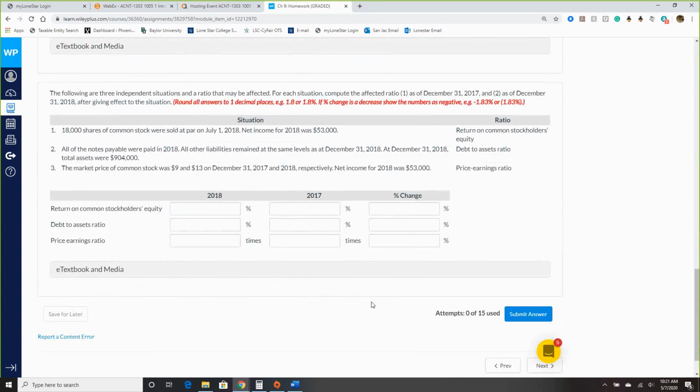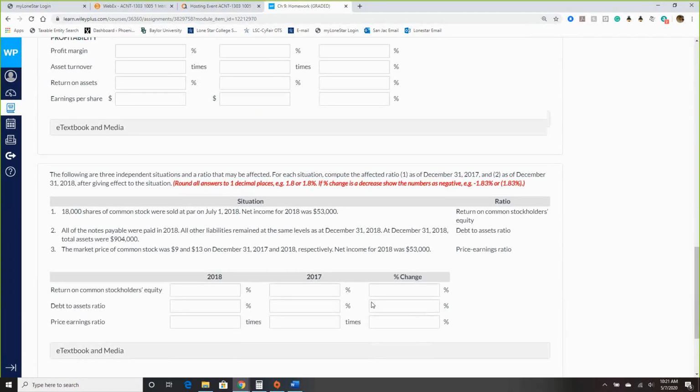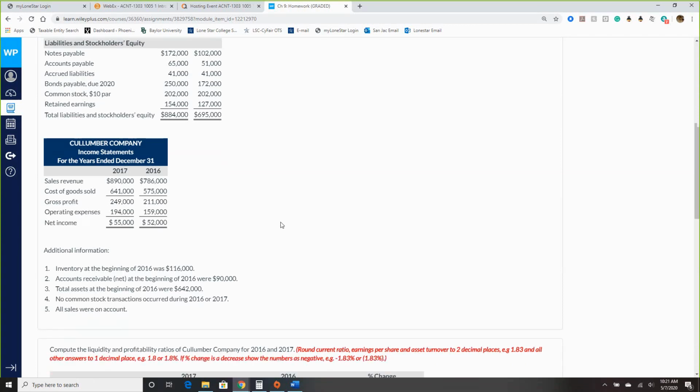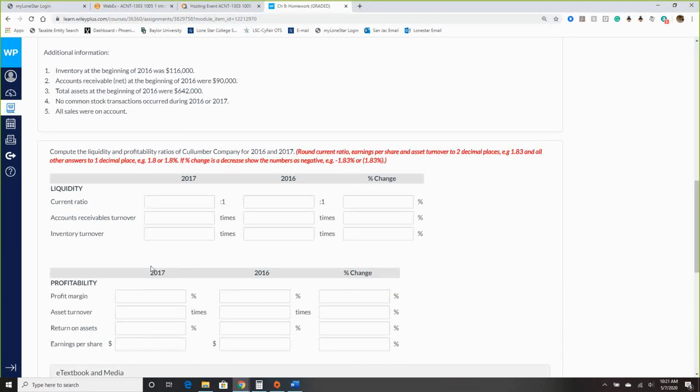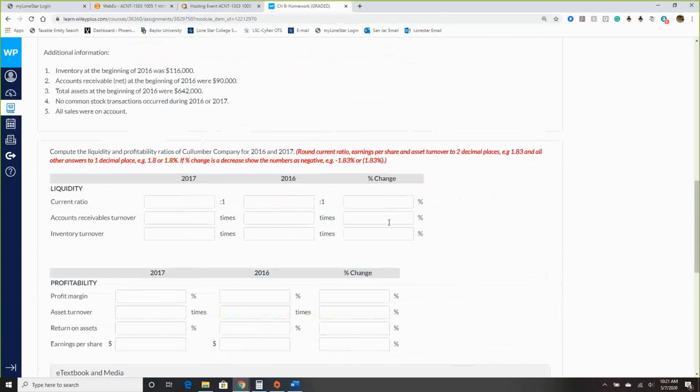So, definitely adding a little bit of a twist here. So, first thing that we're going to do is figure out our ratios again, and then we're going to figure out the difference, or basically the percentage change.